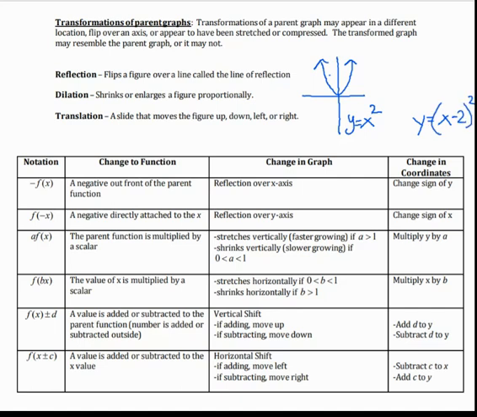Well, notice here, if I subtract to the inside of my x, directly affecting the x, it's going to affect the x-axis. So it's going to take that parabola and move it to the right 2 units. So now that parabola has shifted over to the right. If I had added and I had done x plus 2, my parabola would move to the left.